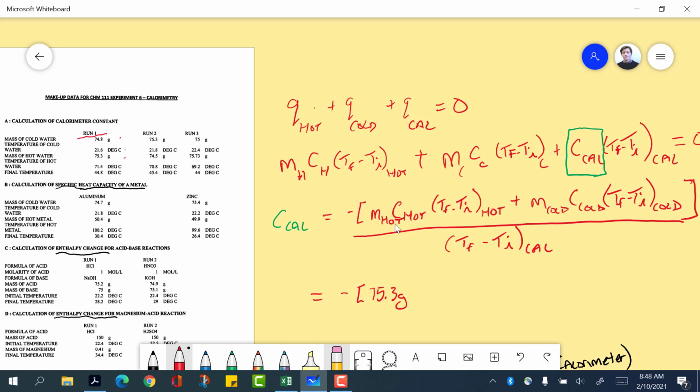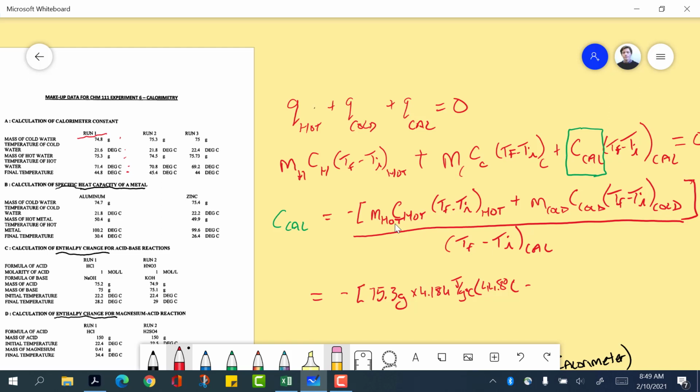Right? So that's going to be times 4.184 joules per gram degree Celsius. And again, that's going to be multiplied by the temperature, the final temperature of the hot water, which is right there at 44.8 degrees Celsius, minus the initial temperature of the hot water, and the initial temperature of the hot water was 71.4.